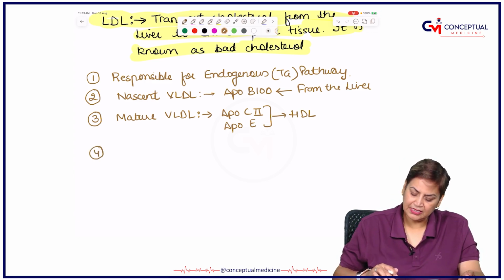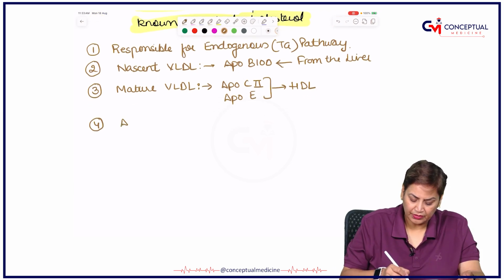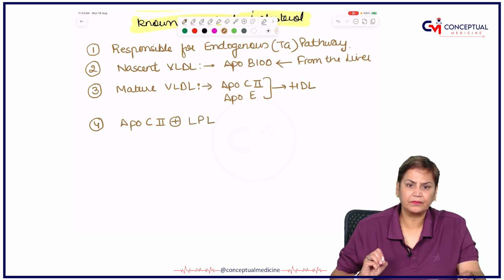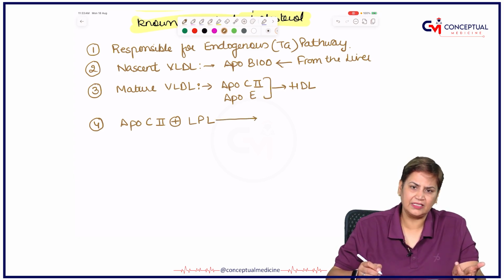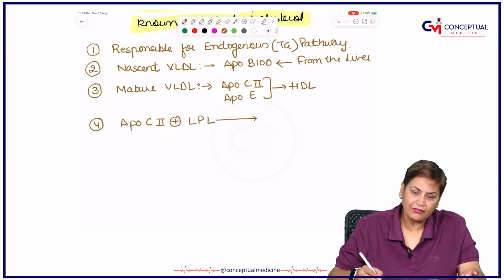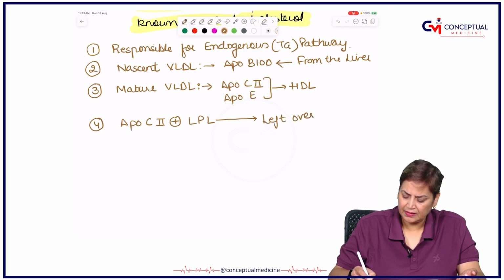Then what happens is, since Apo C2 activates LPL, whatever TGs are there will automatically be extracted, and the leftover will be known as IDL.